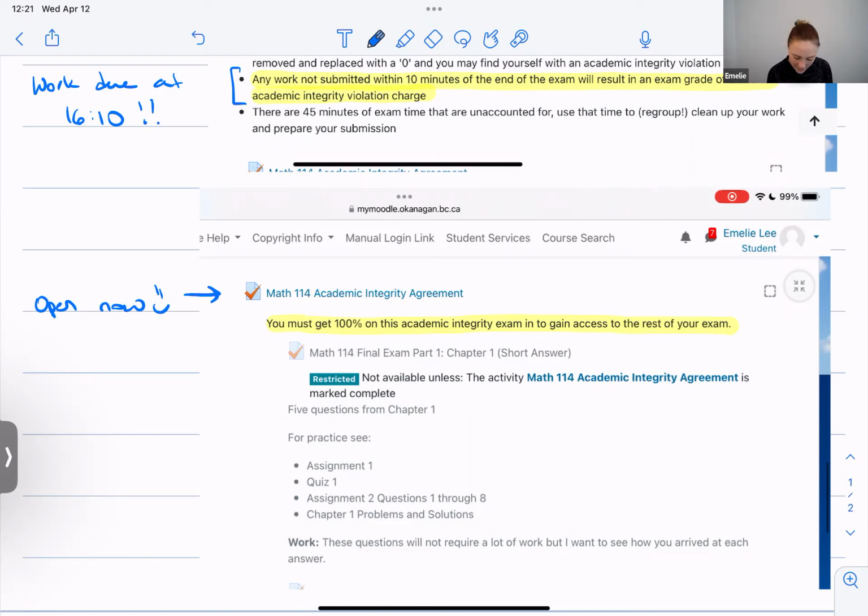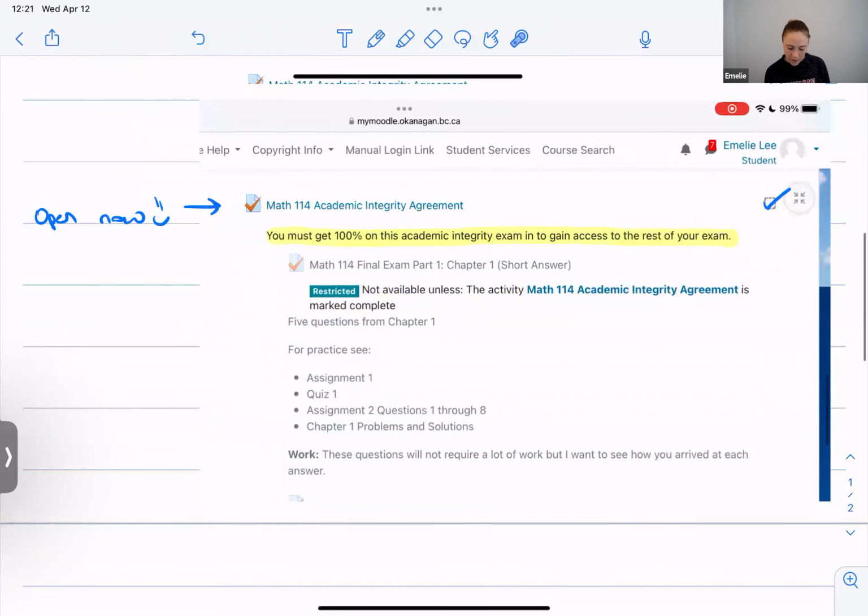I think you might have to mark it done, so you'll be able to put a little check mark there. I don't know if it's marked complete on its own, so potentially you have to do it by hand, but just make sure, if you can, just get it done.